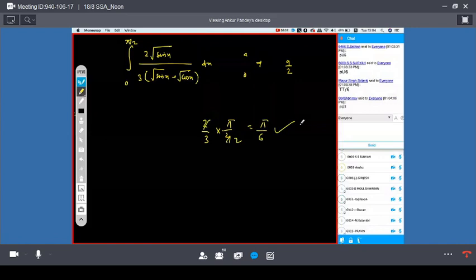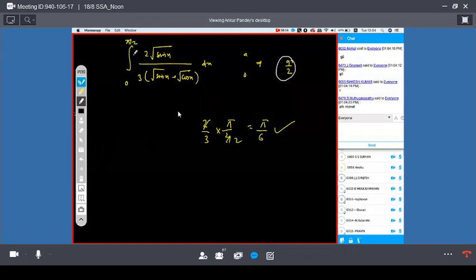got it? There is a quick method of doing that. Rakesh, you don't have to integrate all the way and put the value. As soon as you see a format like this, 0 to a will deliver you an answer a by 2.